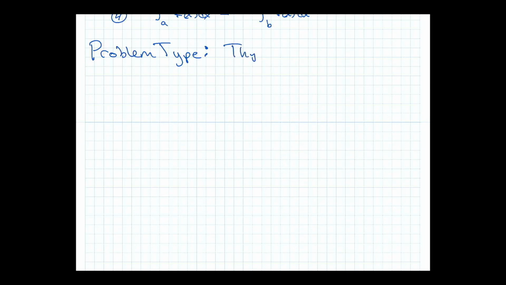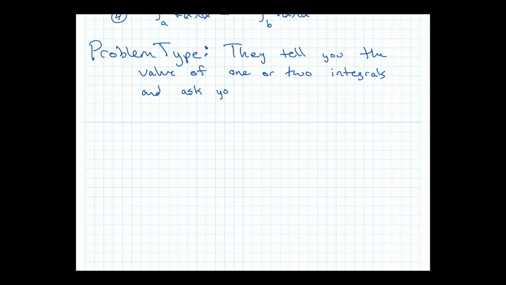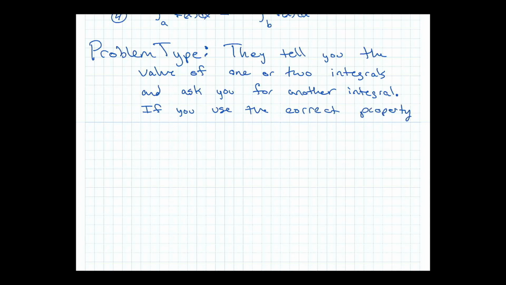So the idea is that if you apply the correct property, you'll be able to calculate it from what you know. You should be able to figure it out.